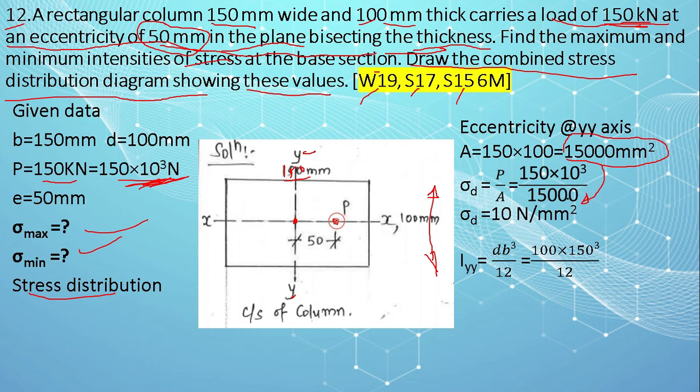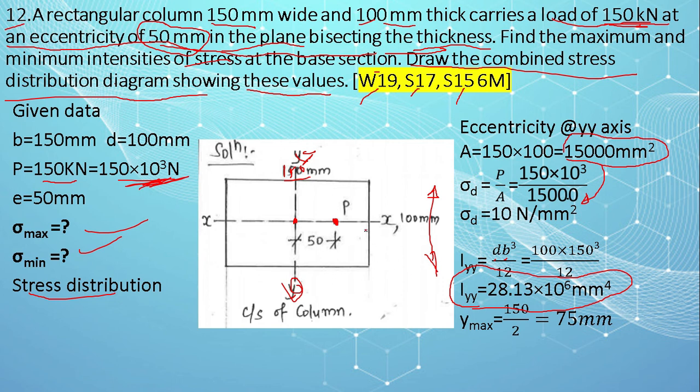Now the moment of inertia about this y axis, Iyy is equal to dB cube divided by 12. Put the value of D and B in this equation, 100 into 150 cube divided by 12. Therefore Iyy is equal to 28.13 into 10 raised to 6 mm raised to 4.